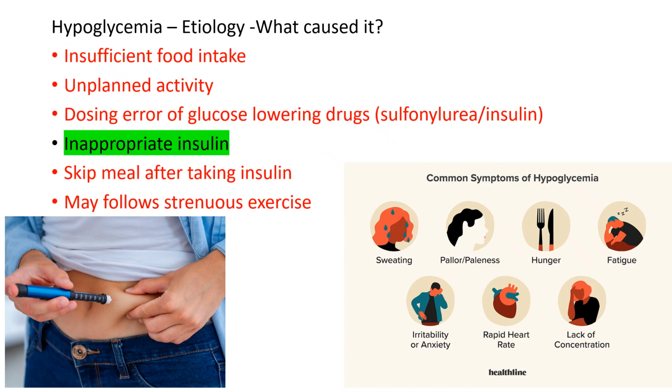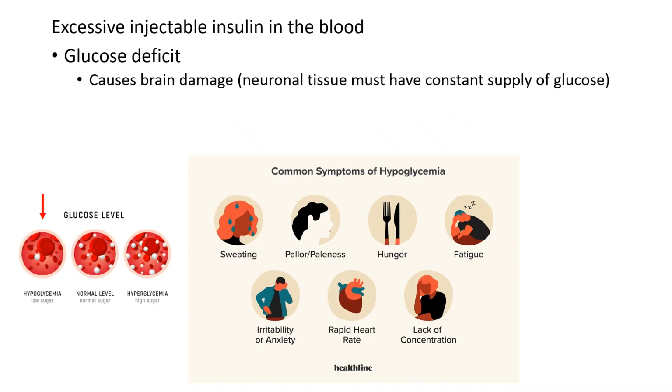So what is the etiology of a person having hypoglycemia? Well, the only one we'll talk about is inappropriate insulin. Maybe they are injecting insulin and they injected too much, or they have not the right dose of insulin.